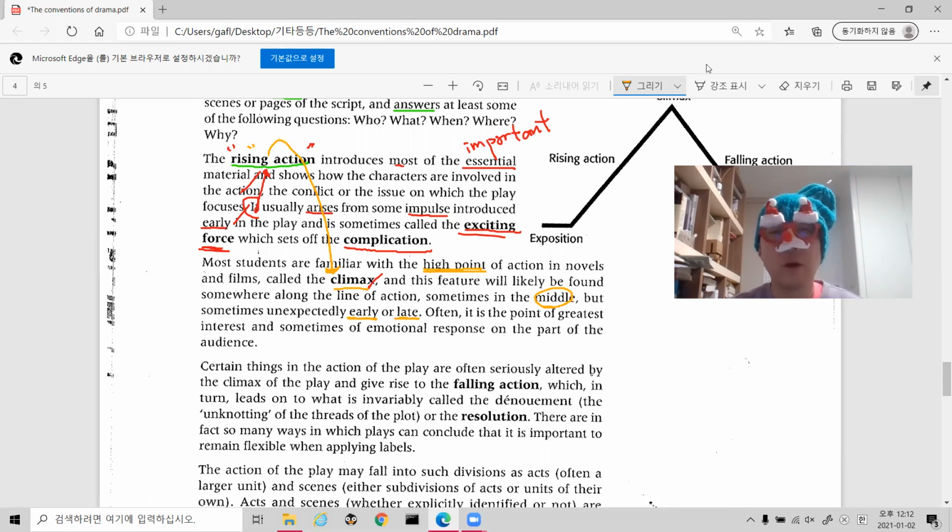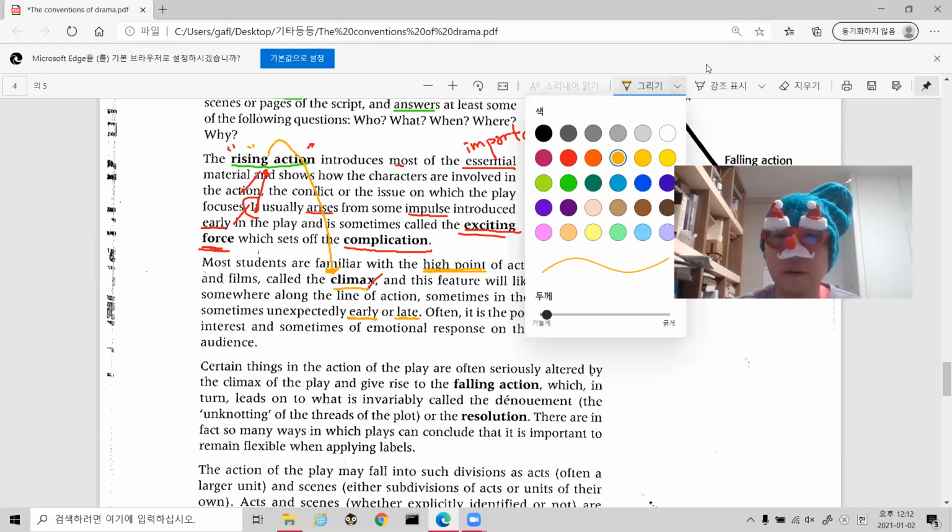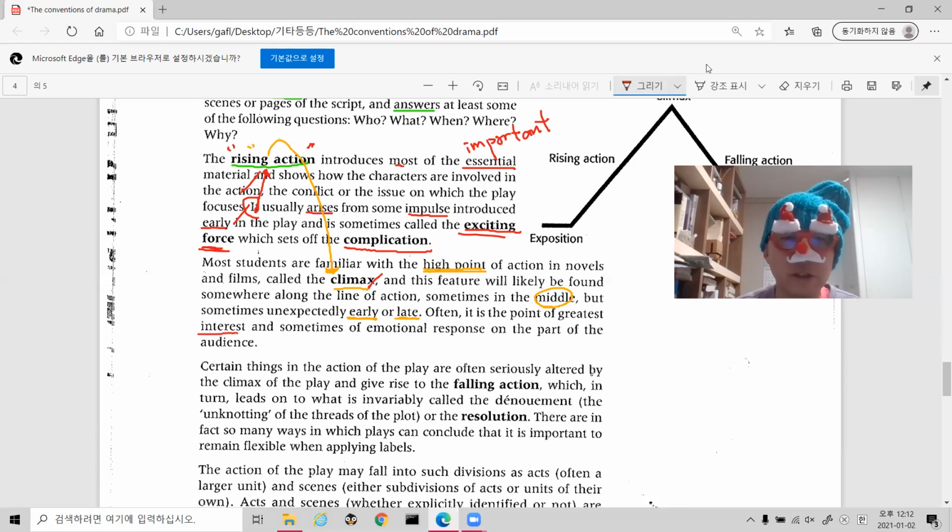It depends on what kind of story the writer wants to tell. Oftentimes, it is the point of greatest interest and emotional response on the part of the audience. So a climax is usually the most interesting part, and it causes the biggest emotional response from the audience. Okay?